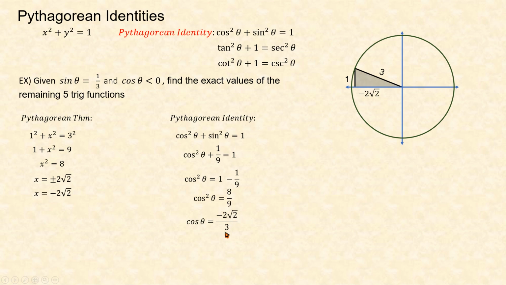Remember, you can have positive and negative, but it says cosine is negative, so I take the negative value only. So here you have everything. You have cosine, which means you know this side over that side. So without the Pythagorean theorem, you should still be able to see that x is negative 2 radical 2. From that, you can do all your other trig functions based on these numbers.